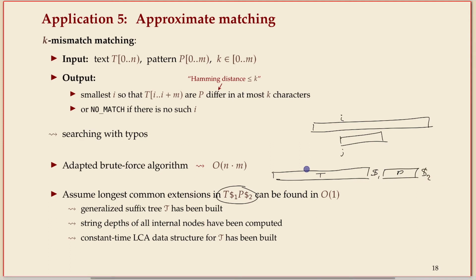And well, the position i in the text is still at position i, and this position j is at i plus 1 plus j in this big text. So we can put an LCE query for these 2 positions, and it will tell you in constant time how much you can jump from these 2 positions, and also where the first mismatch is, because it has to come right after.